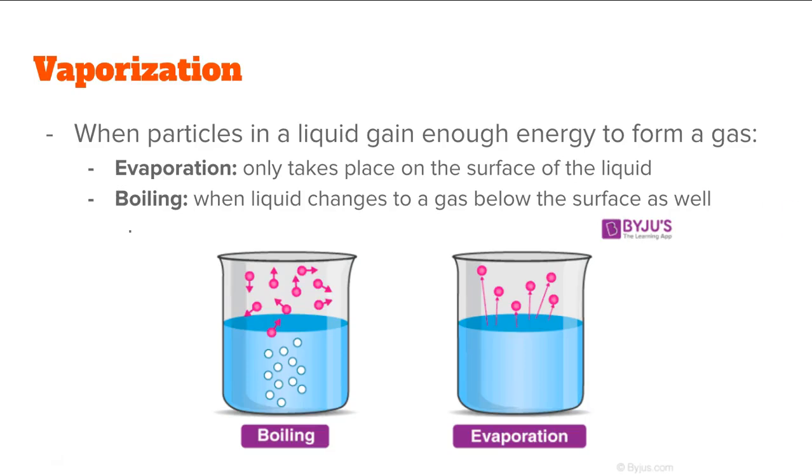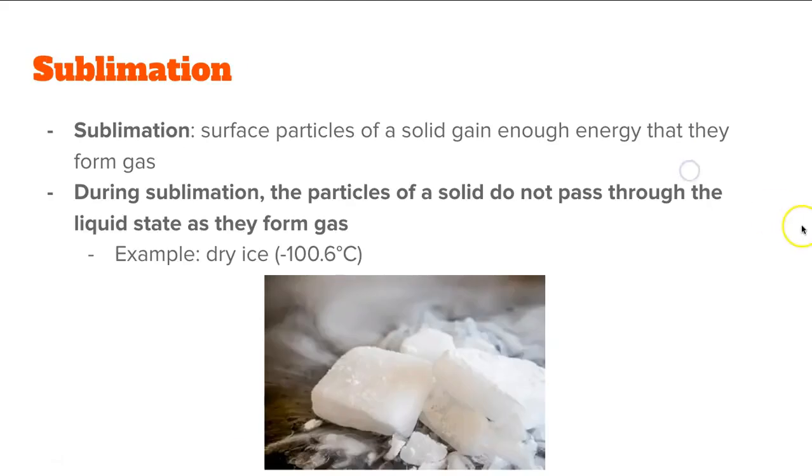Then finally, vaporization is when liquid particles gain enough energy to become gas. Evaporation only happens at the surface, while boiling happens throughout the liquid at the boiling point. And then we have sublimation. Sublimation is when a solid directly turns into a gas without becoming a liquid first.